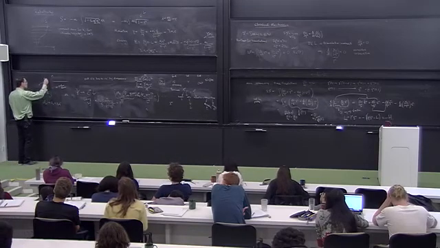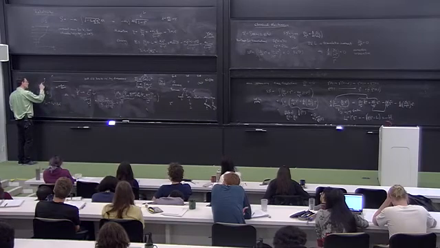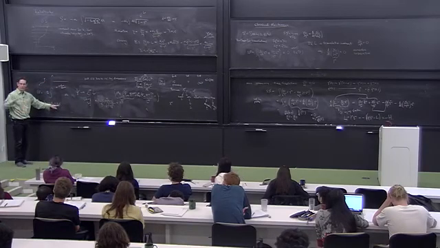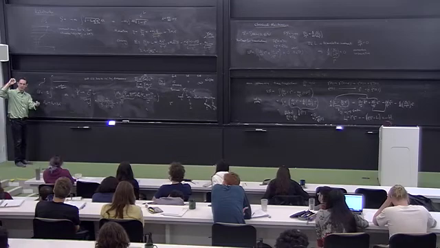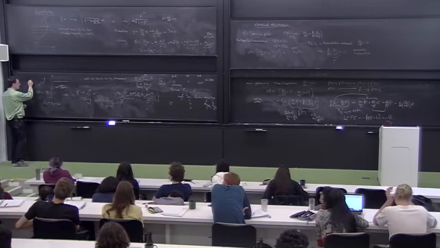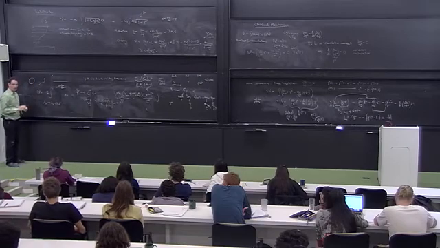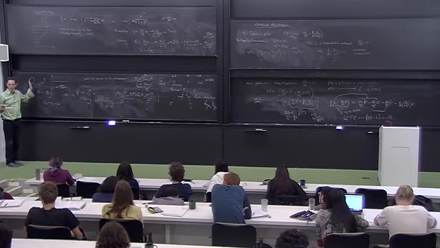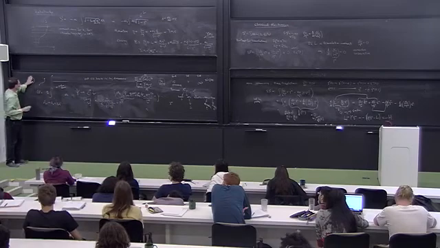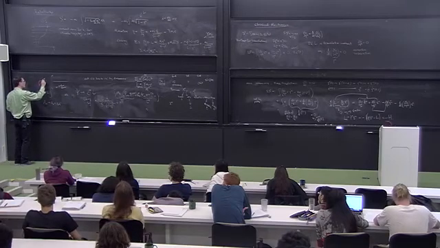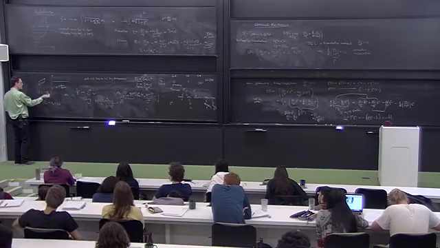So the variation of the action will depend only on the gauge transformation at the endpoints. Okay. Now, if I define this integral around a closed loop, I will get 0, because there's no endpoints for the integral.